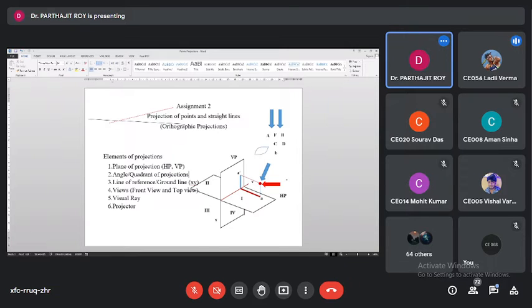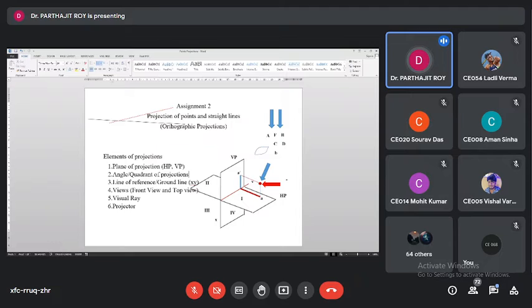Correct? Since the surface is two-dimensional, and in engineering drawing we do not allow any three-dimensional things, please remember, all drawings in engineering drawing will be two-dimensional.